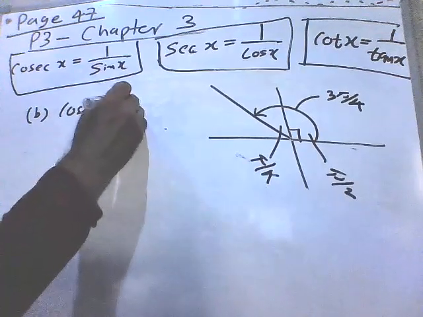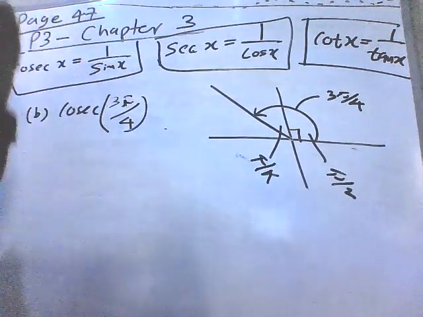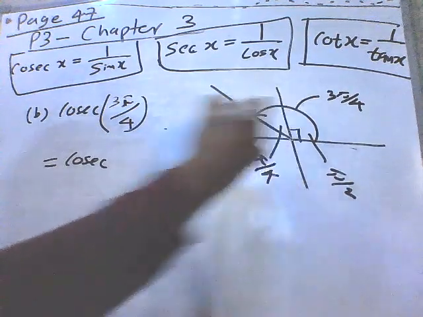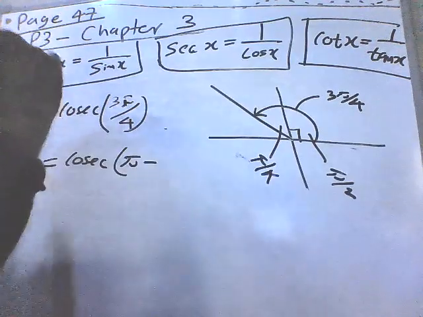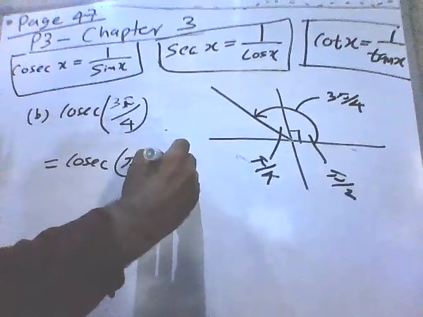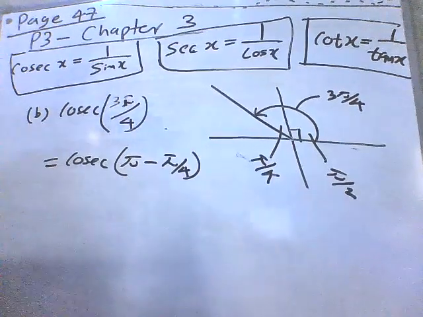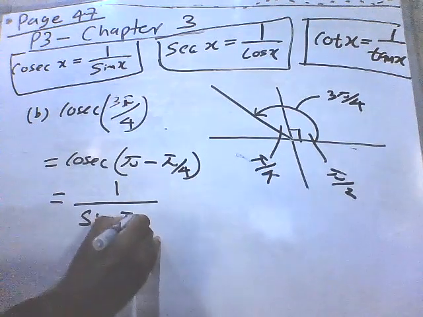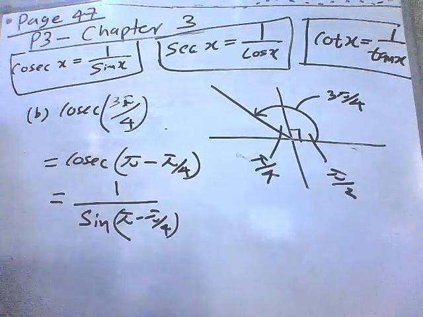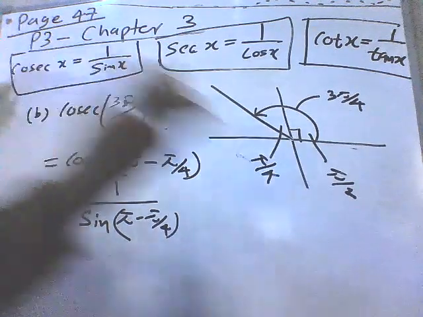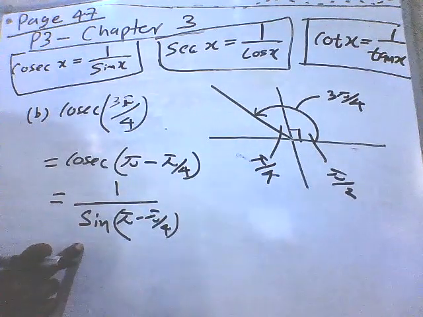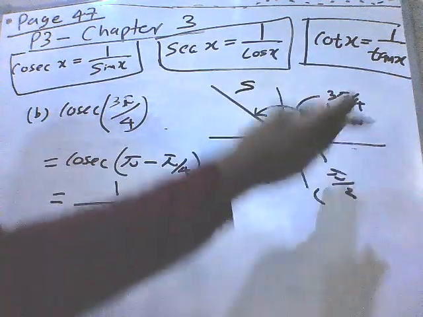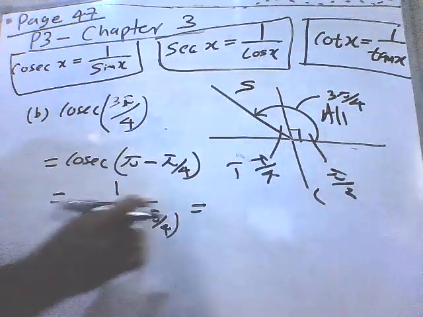So here cosec 3 pi over 4. Now we can write this as cosec of pi minus pi over 4, and we can also turn this into our normal form, which gives 1 over sine of pi minus pi over 4. And I just now discussed this, so please write those in a paper and keep it aside. Here, all S T C, only sine is positive, so this is going to be positive.